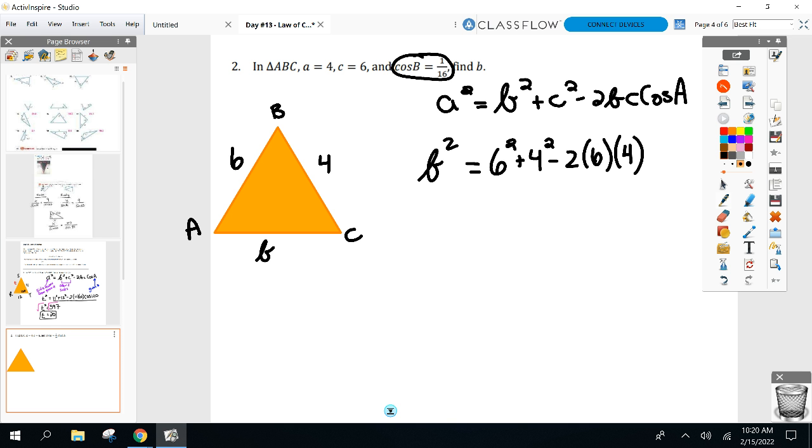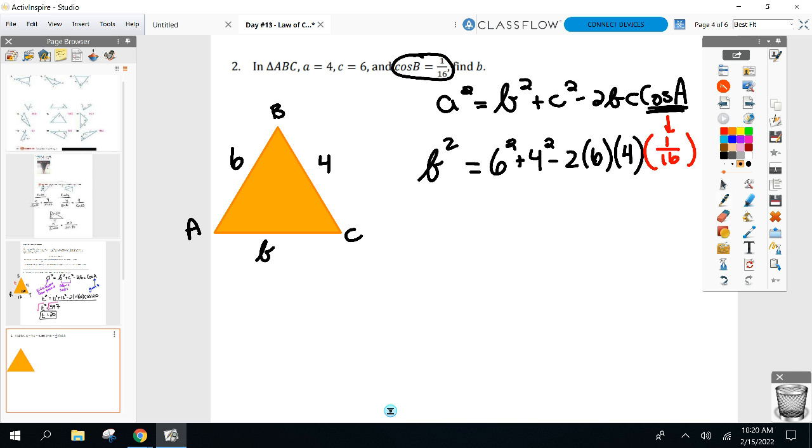Everyone focus in now. What should I be putting next? I am not going to put cosine of 1/16. Is 1/16 the angle measure? No, that's the actual cosine value. I already know, this right here is already equal to 1/16.